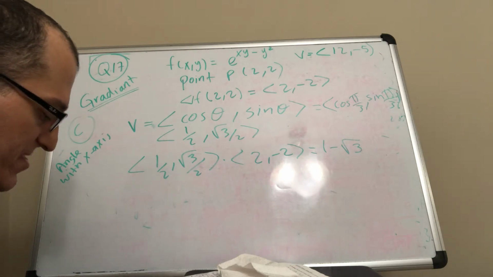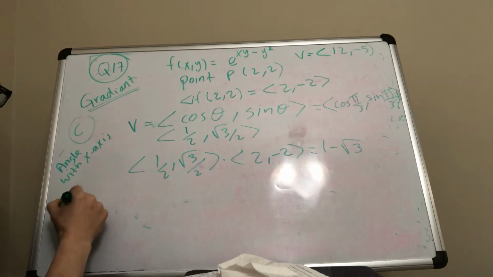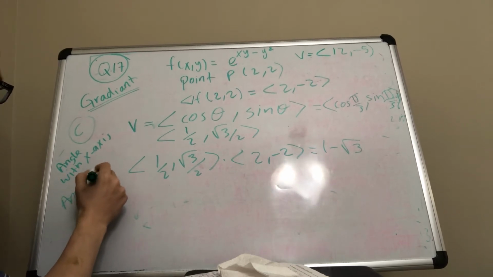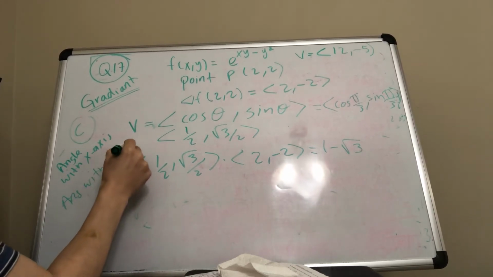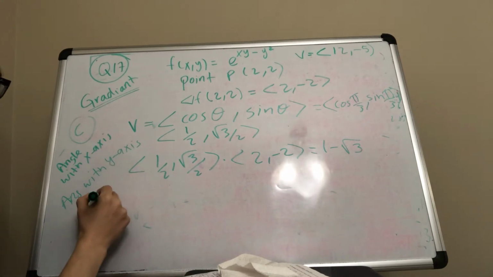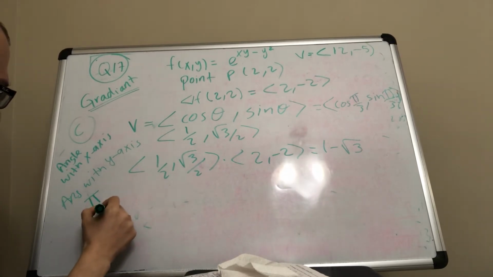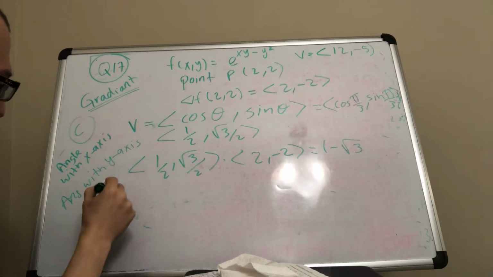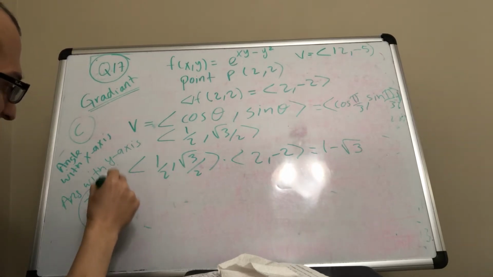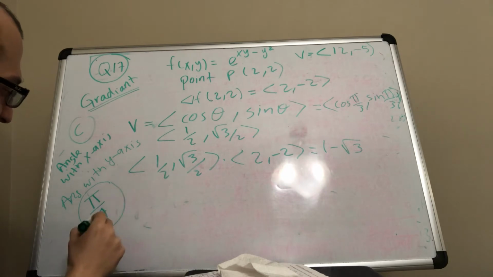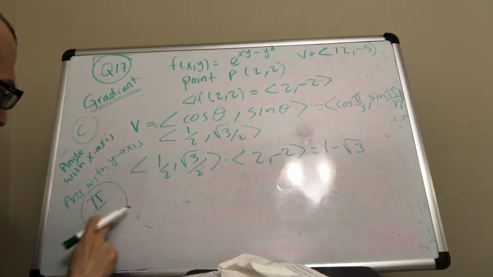Now, if they ask you angle with the y-axis, for example, and let's say that the angle was pi over 4, if it's with the y-axis, you do the same thing. Let's say it's pi over 6.